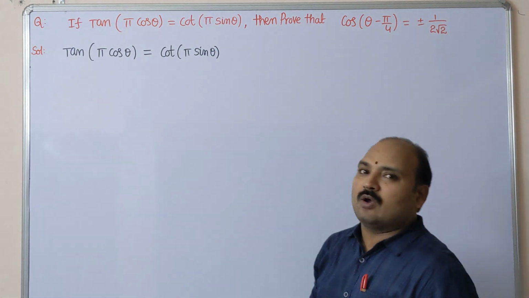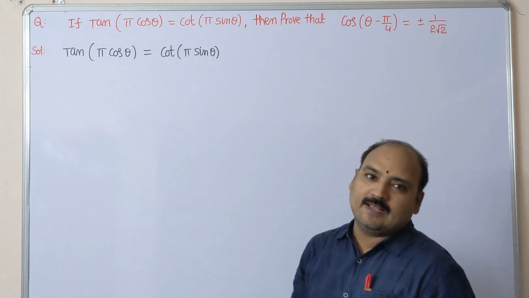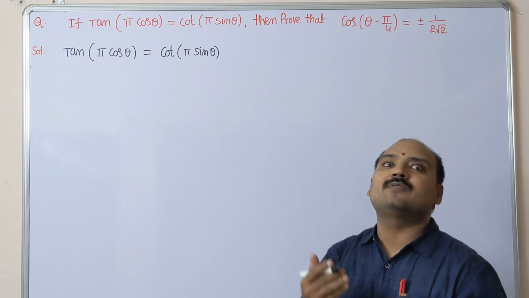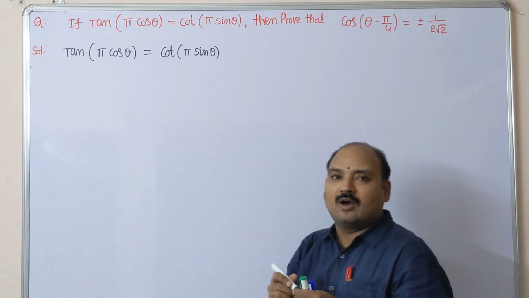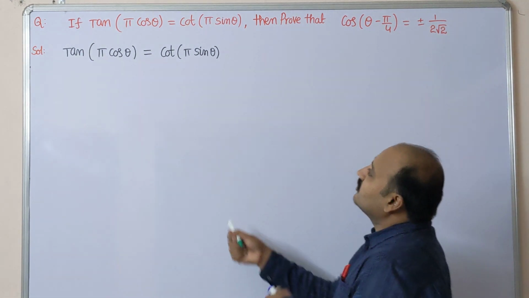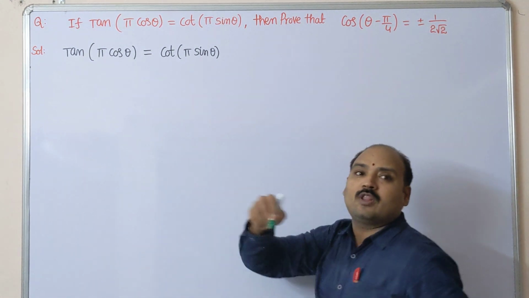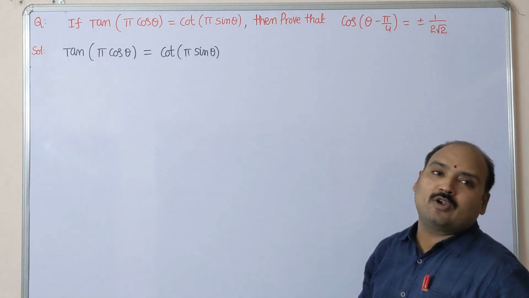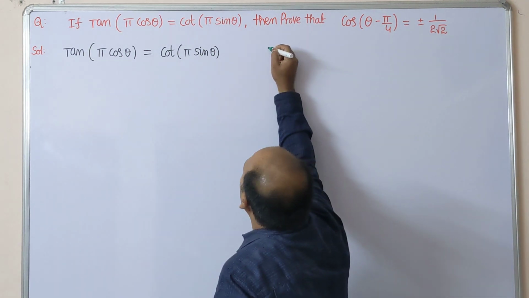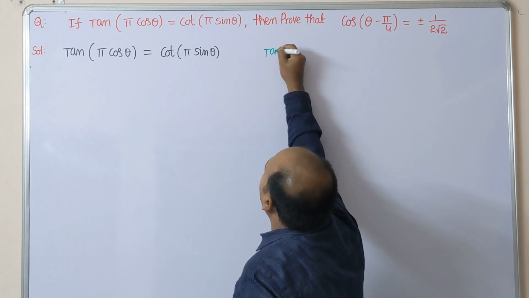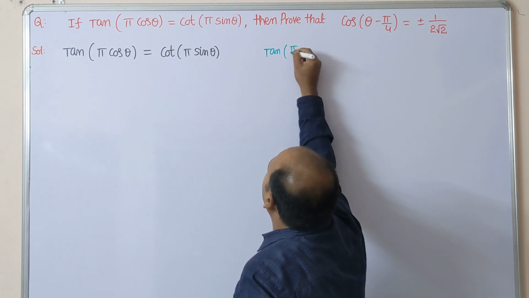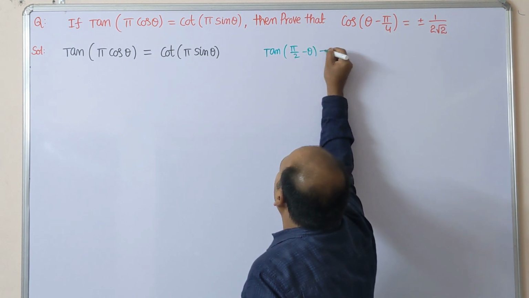I want to make both the terms in LHS and RHS in terms of tan. So we have the formula: tan of pi by 2 minus theta is equal to cot theta.